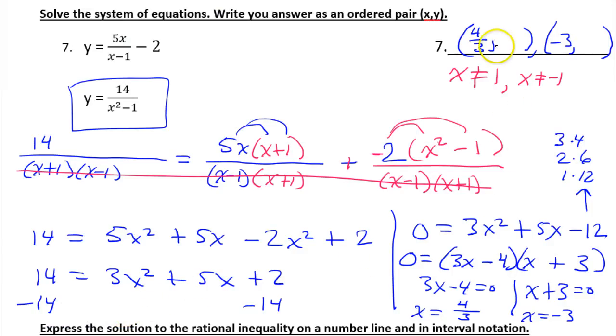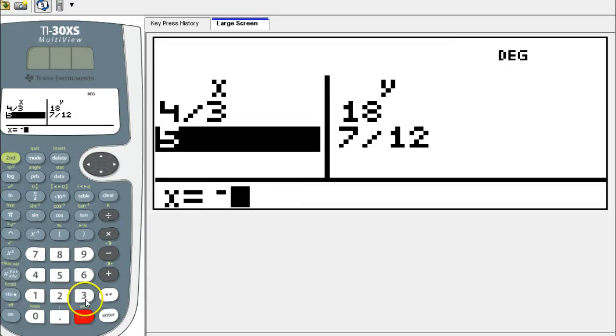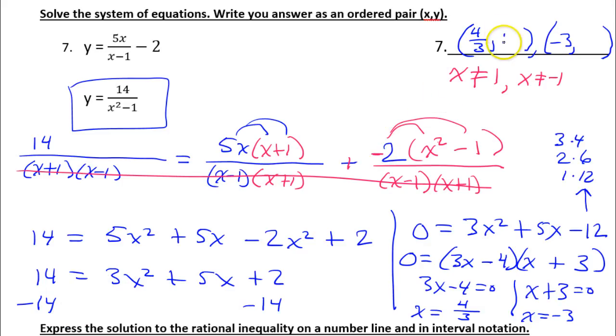And I have two values I need to evaluate, 4 thirds and negative 3. So I can just type them in, 4 over 3 and negative 3. So these are the two y values that go with these x values, 18 and 7/4. And that's it. So that's the answer to number 7.